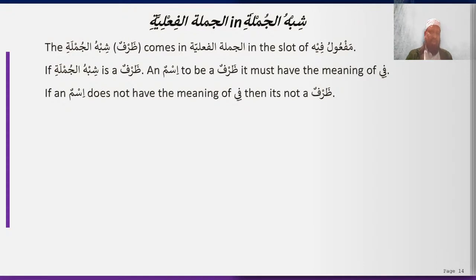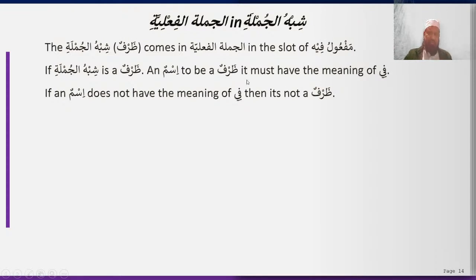So for a شبه الجملة, we're talking about only ظرف here. We're not talking about jar and majrur here. We'll look at those later. But now we are talking about شبه الجملة as ظرف. The first word is ظرف. If شبه الجملة is a ظرف, then it will be مفعول فيه.